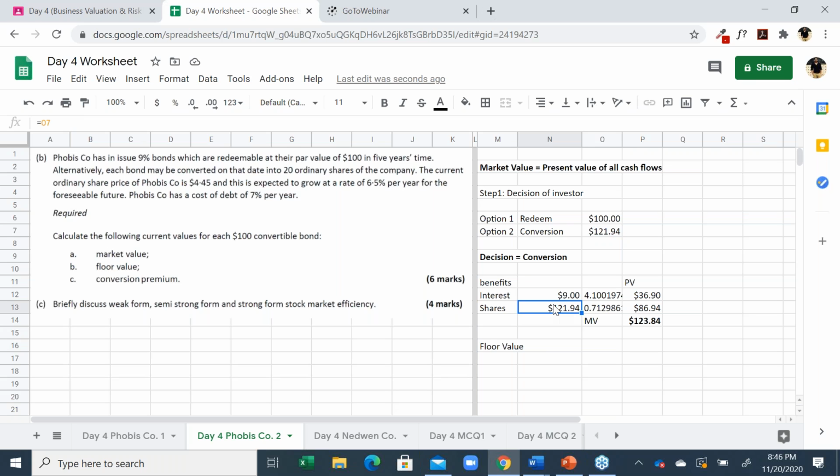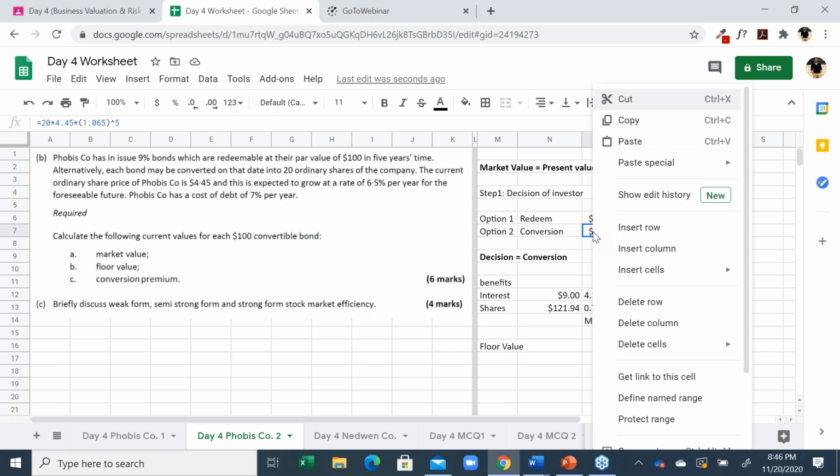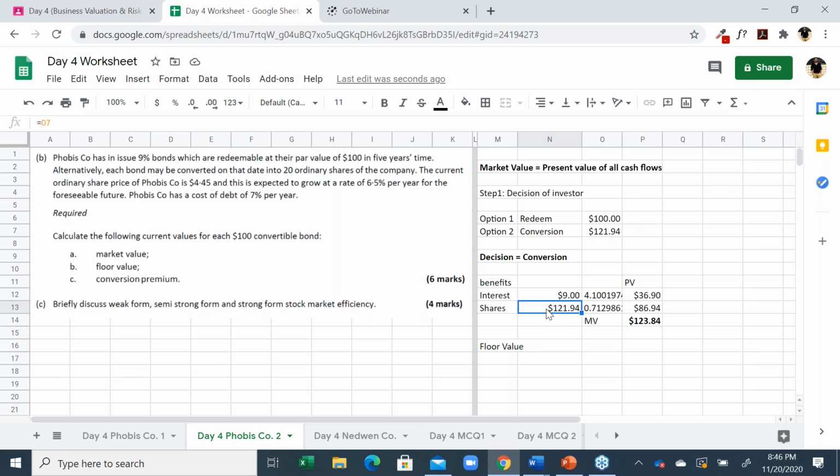On the basis of this assumption, we have calculated this market value. But my question to all of you is, what will be the worst situation after 5 years? That's the best situation, right?